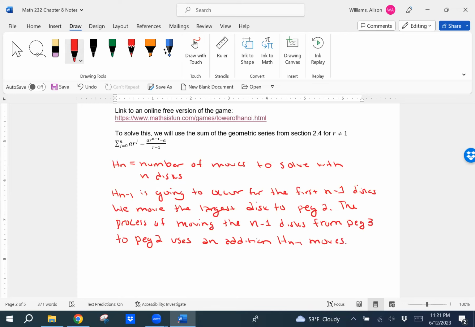So here's what we have. In order to move all n disks, I have to do the H sub n minus 1 moves twice, plus moving the largest disk once.